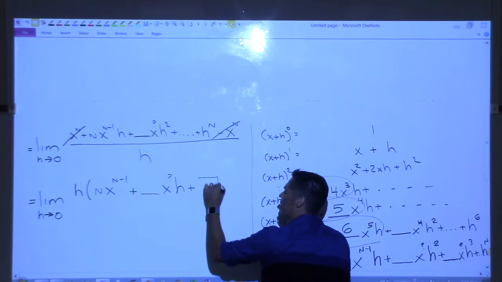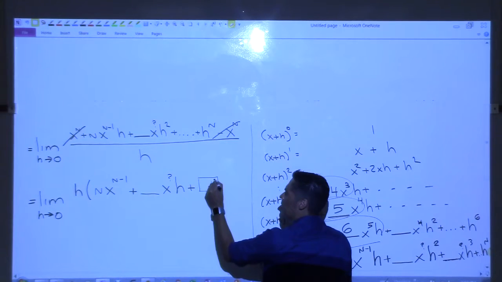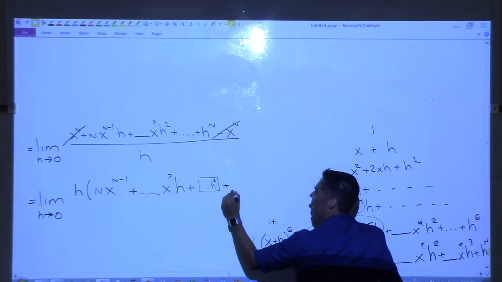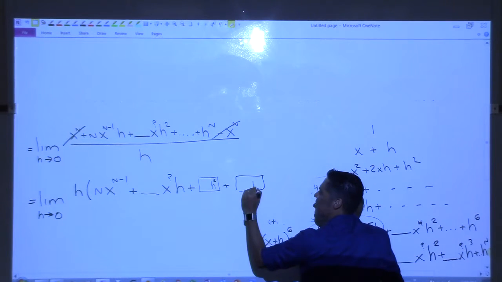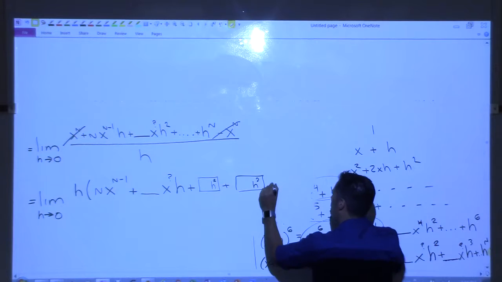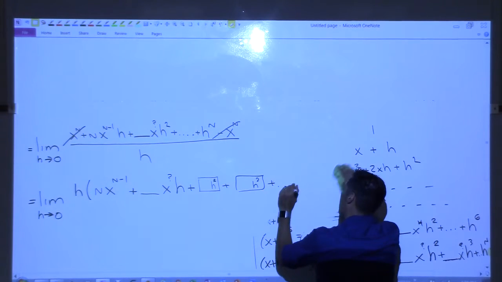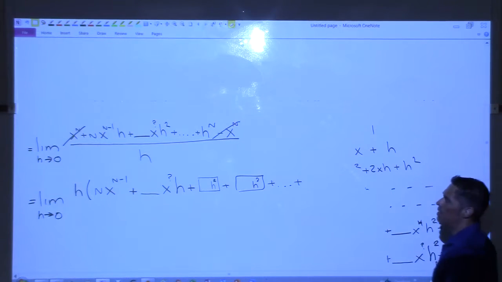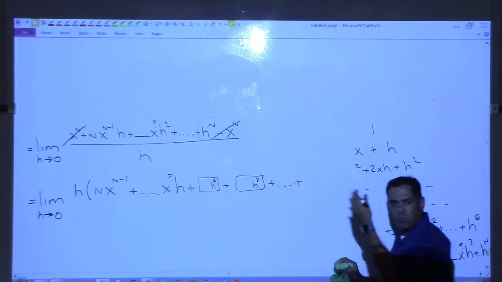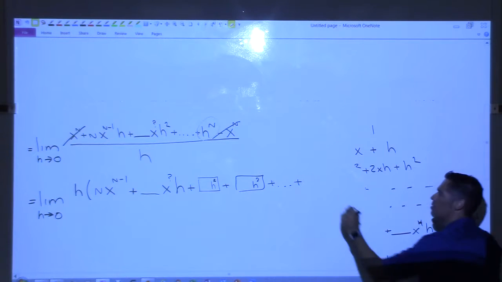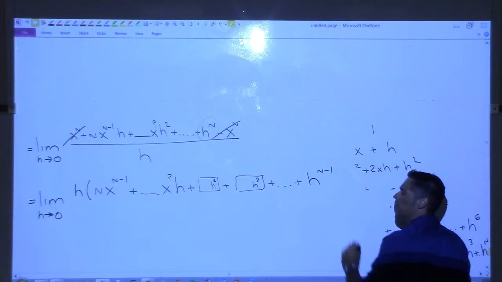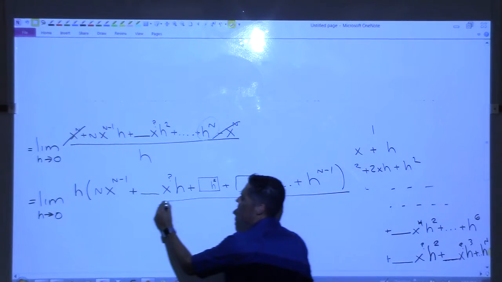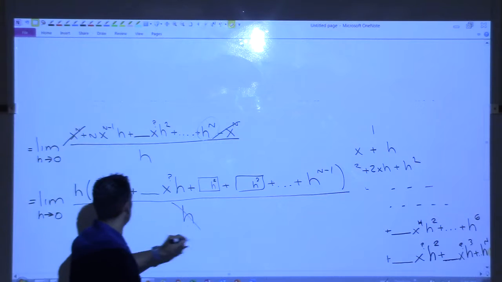So this next piece does have an h. Actually, it would be an h squared, right? The next piece also has an h cubed in it. And I go all the way down to the end. And at the very last one, do I still have an h there? Yeah, because it was h to the n, right? So I pulled one of those h's out. So I should have h to the n minus 1. Now all of that is going to be divided by h. And those h's cancel.